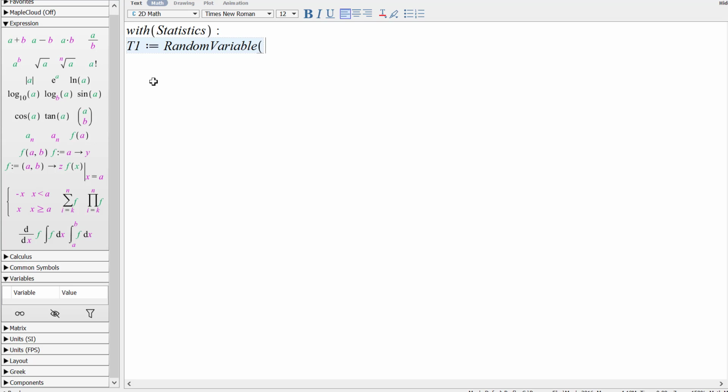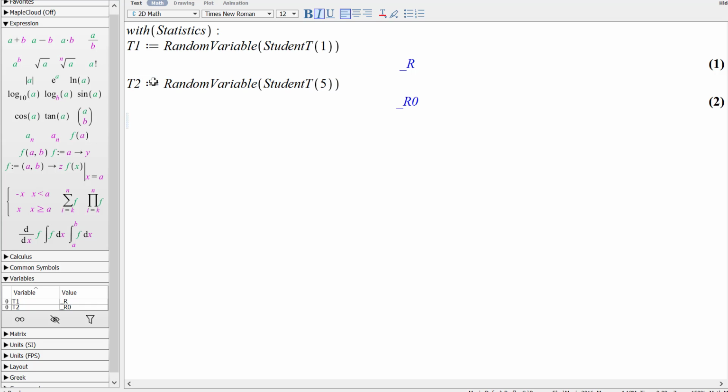The t-distribution is sometimes called the student t, which is what Maple uses. So let's do student t with 1 degree of freedom. And to compare that, let's do one more from the t family, with 5 degrees of freedom.